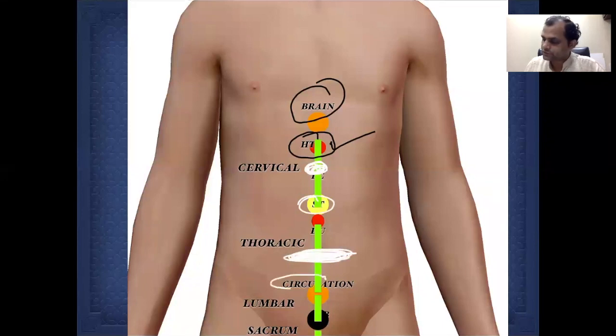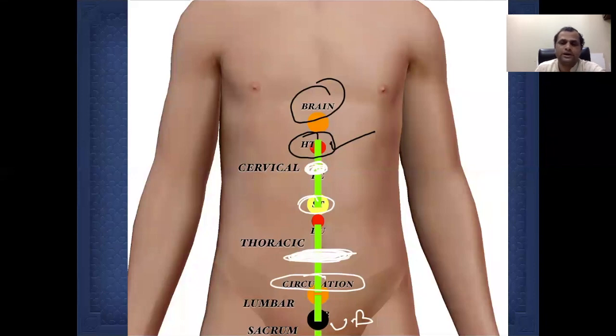Then this is the point of circulation. And at last, we have the urinary bladder points. We can see all the points available here. If we press them and they are tender and painful, they indicate a problem with the connected meridian and connected organ. Let's see in the other image.